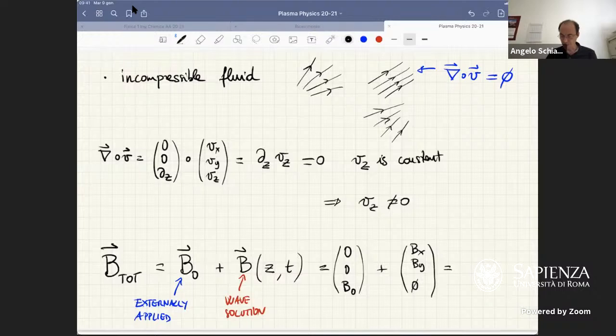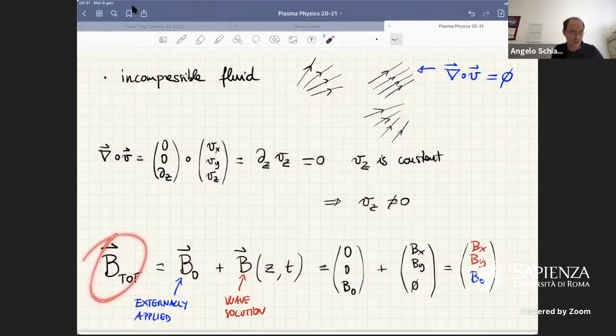So we can, using the color code, say we have Bx and By, the components of the wave, and then we have the constant value of the external applied field. This is the total magnetic field seen by the fluid, and this is the magnetic field B that actually enters the MHD equations.